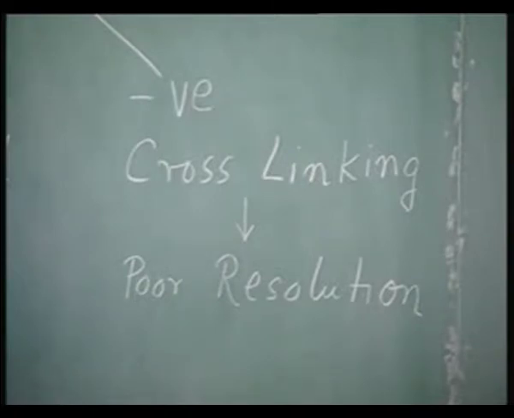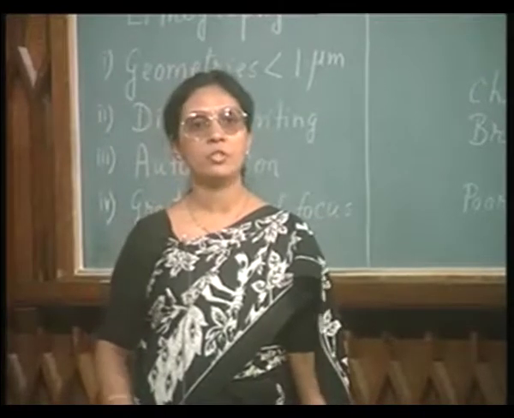Let us now take a look at the problems associated with electron beam lithography. The first problem with electron beam lithography is of course the slowness.